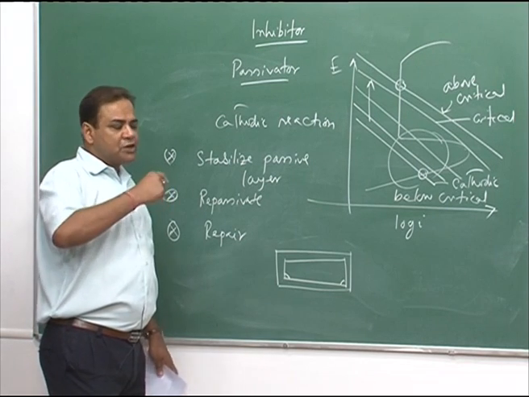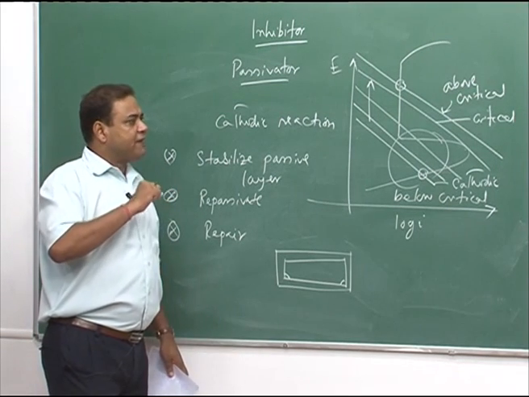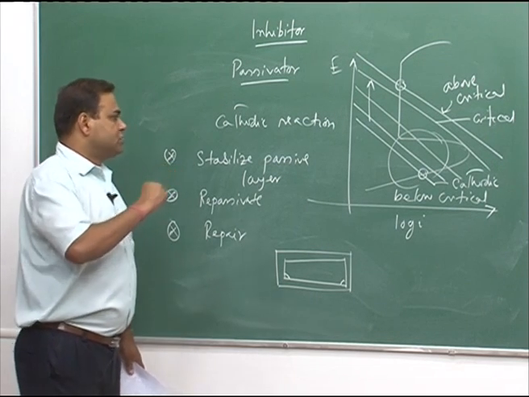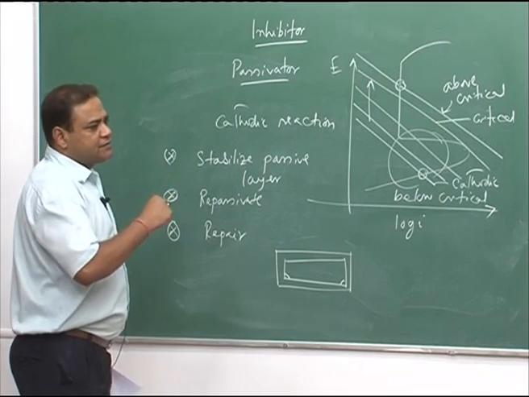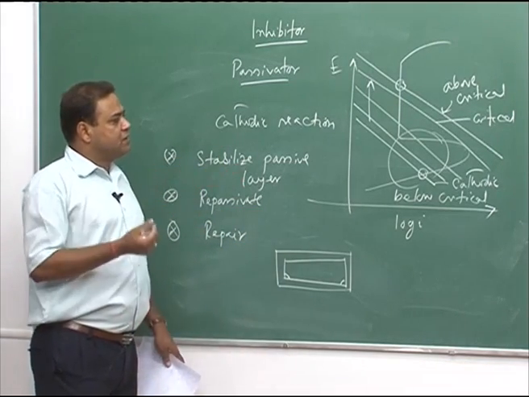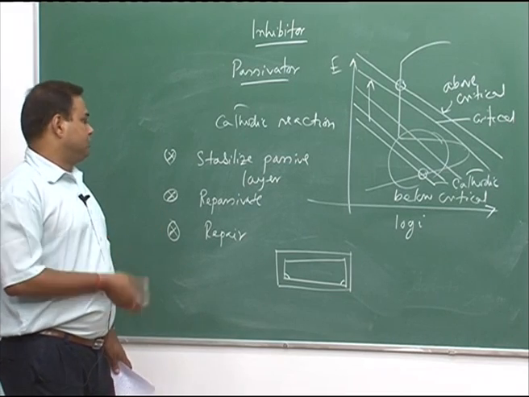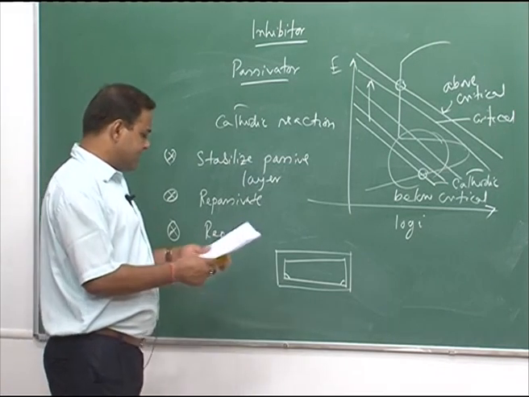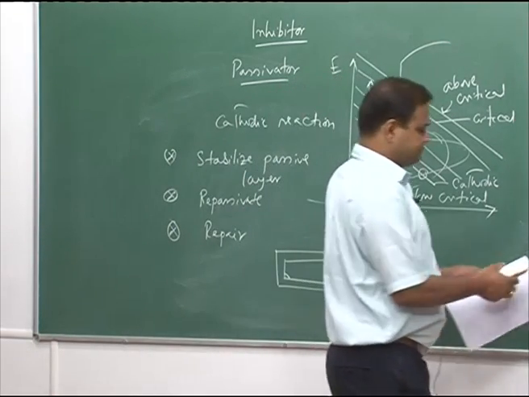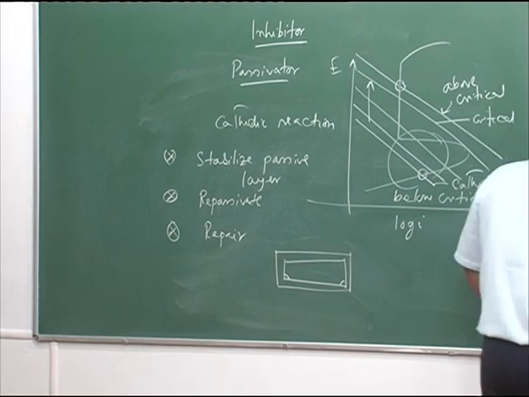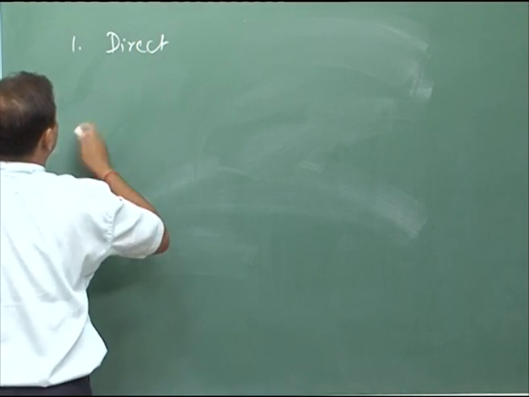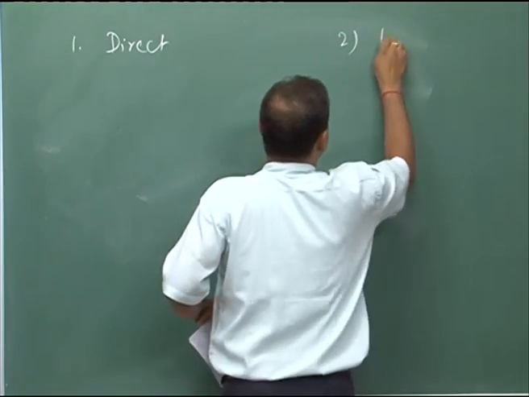At the same time, there would be unfavorable area issue that would come into picture. So, that exposed part would act as anode and the surrounding unexposed part, which is a huge area, that would act as cathode. And they can be of two types. One is direct passivator, or it can be indirect.